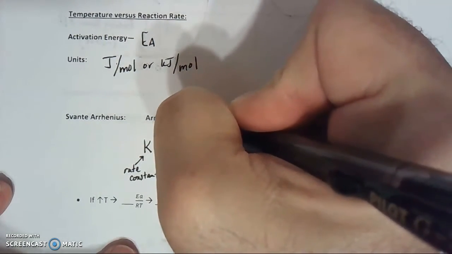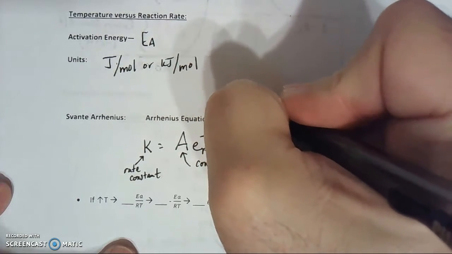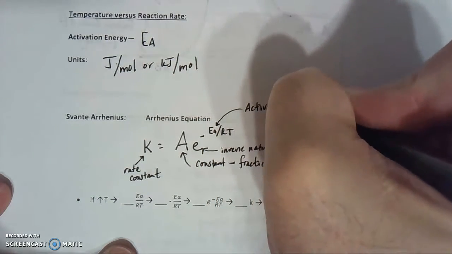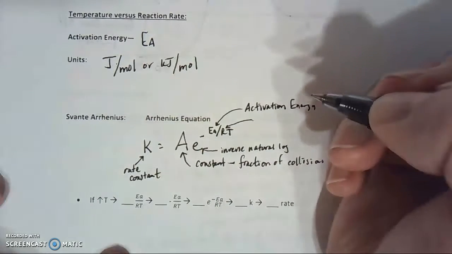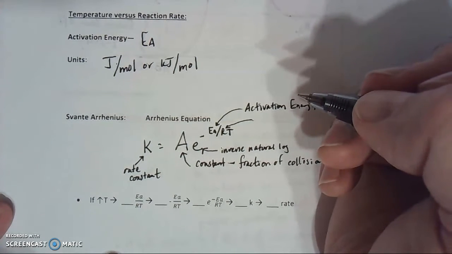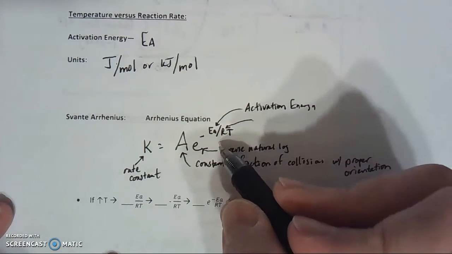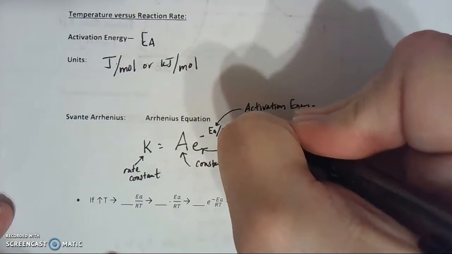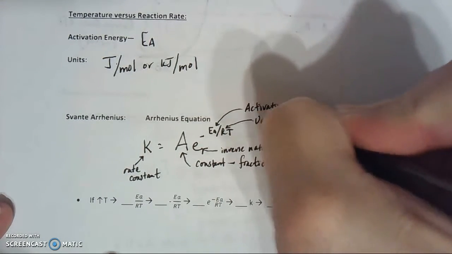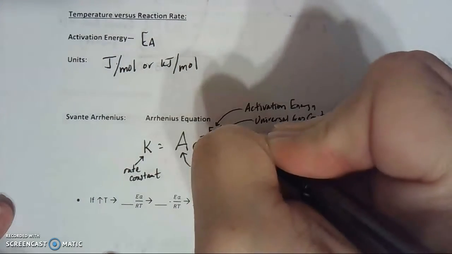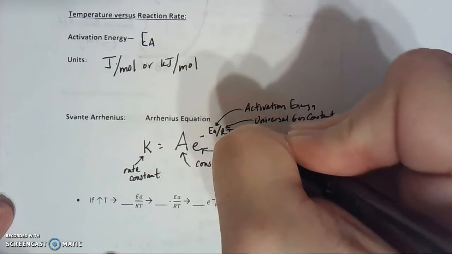E sub A is our activation energy. R, you saw in Chem 1 with PV equals nRT. Here's R and T again. So R is the universal gas constant, which comes in a lot of different forms. And T is our temperature, as always.